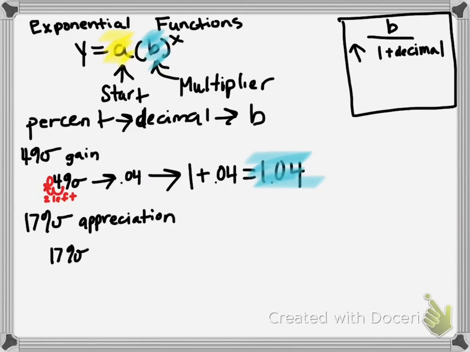Okay, so we're starting out with our 17%. And we take our decimal and we move it 2 to the left, and this time we don't have a blank spot, so we're not adding in a 0. So this becomes 0.17. And then we are going to say, all right, I still get 100%, but I am adding 0.17, so my b value is 1.17. That's what we would put into our equation.